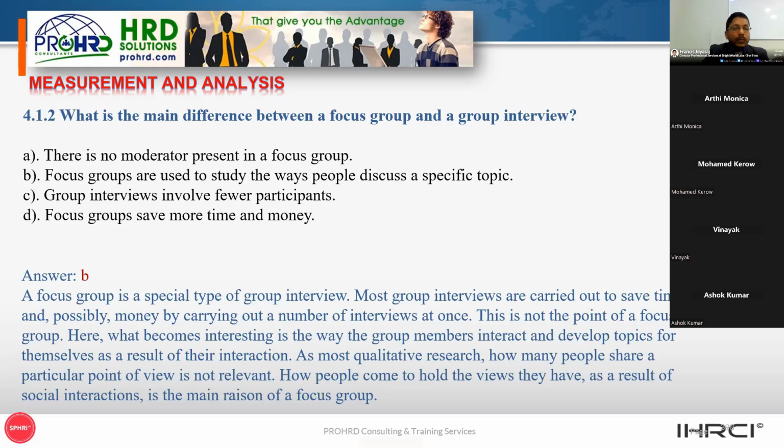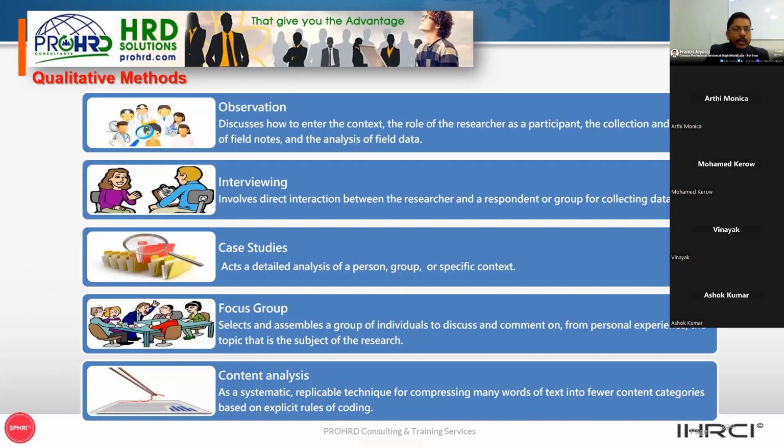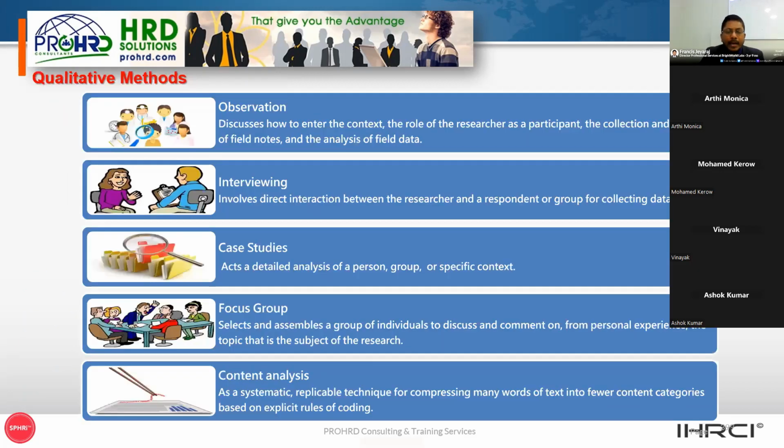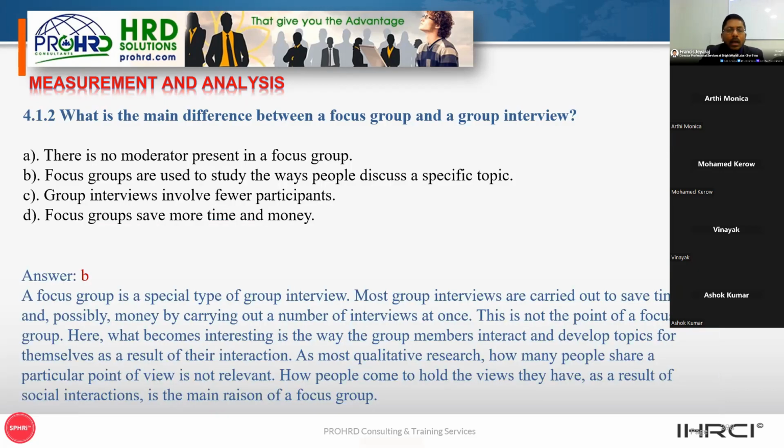Focus group is a special type of group interview. Most group interviews are carried out to save time and possibly money by carrying out a number of interviews at once. This is not the point of a focus group.